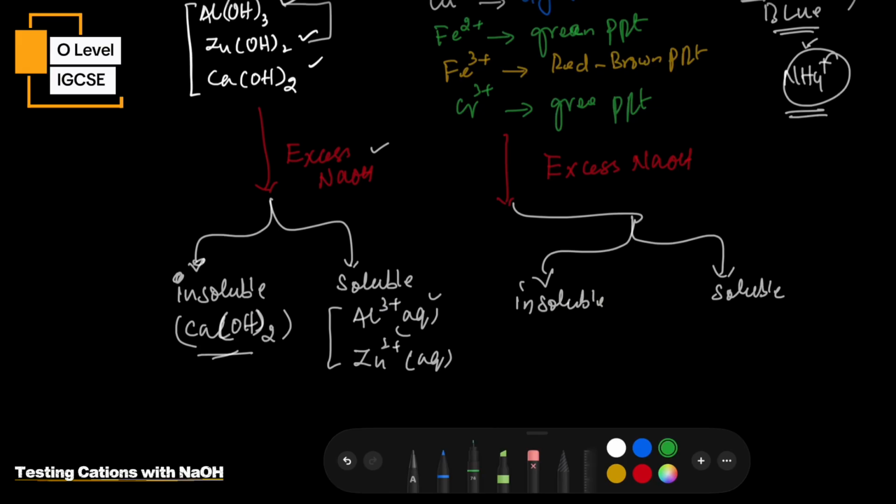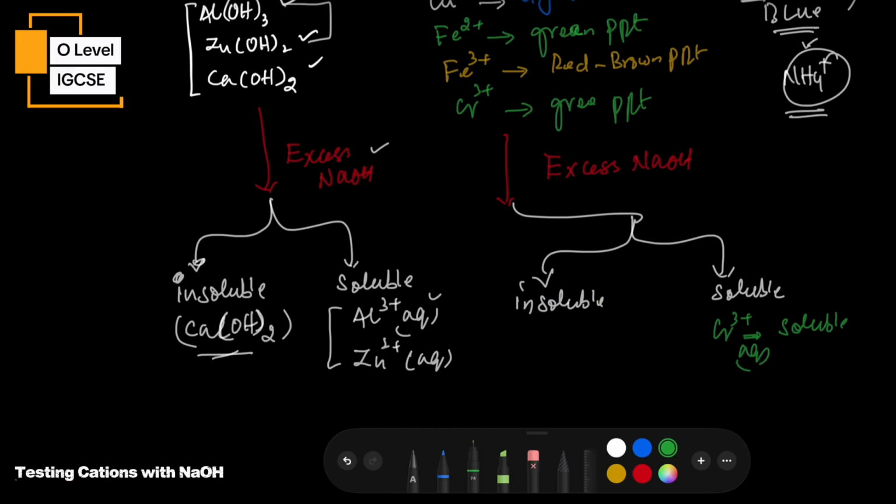In the case of excess sodium hydroxide, the chromium 3 positive ion, that was a green or dirty green precipitate, is going to be soluble, so chromium 3 positive aqueous will be formed.